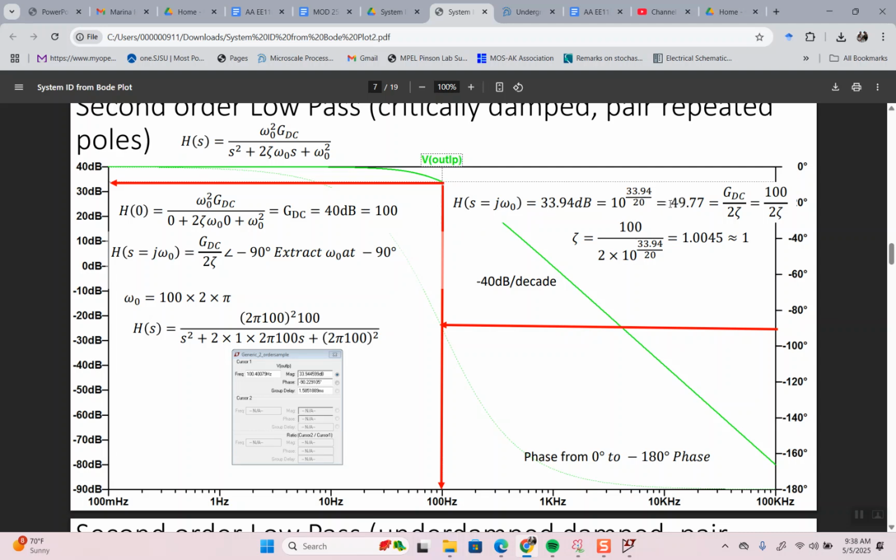It's 50. Ultimately, no, I'm sorry. It's 33-ish dB, almost 50 linearly, and then you go through, and we get a damping coefficient of almost 1. Now it is 1, right? But reading it off, there's errors, right?